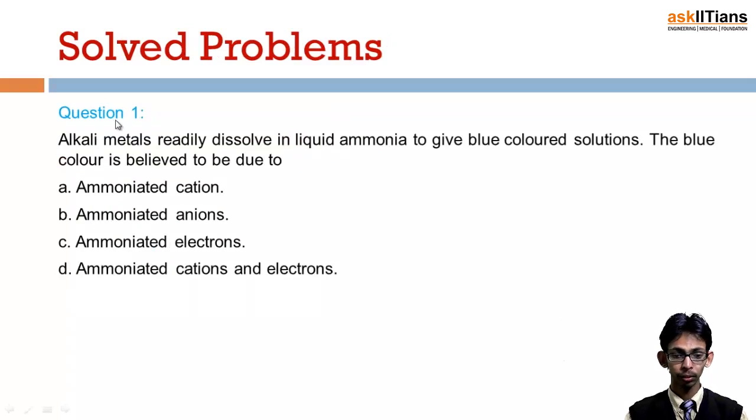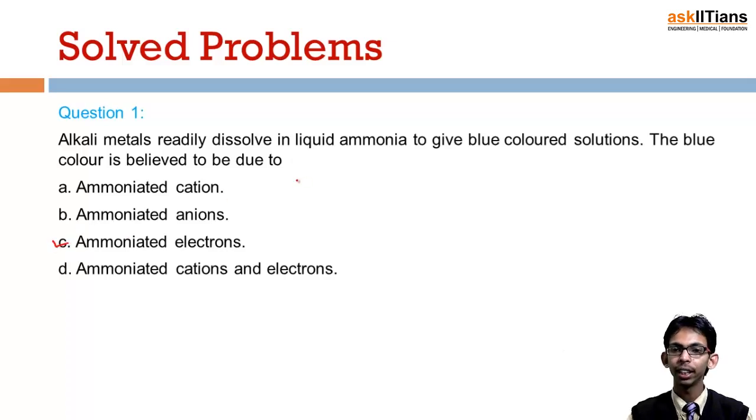So here is a solved problem: alkali metals readily dissolve in liquid ammonia to give blue colored solution. We have just discussed that when alkali metals are dissolved in liquid ammonia, they result in formation of a blue colored solution. It is asking what is the reason for this. And we have just studied that this blue color of the solution is due to ammoniated electrons.